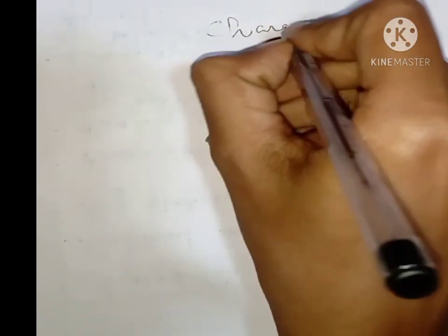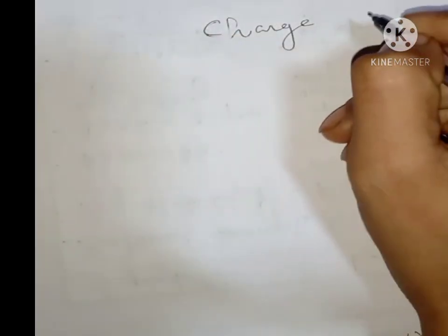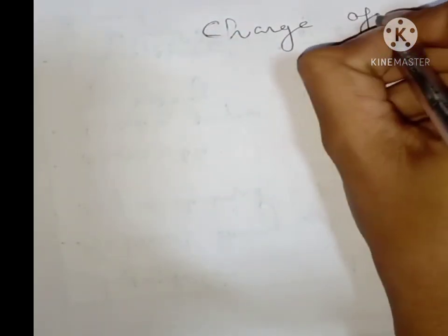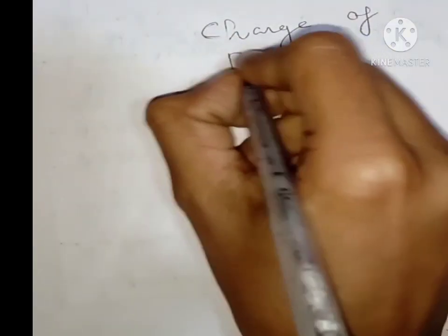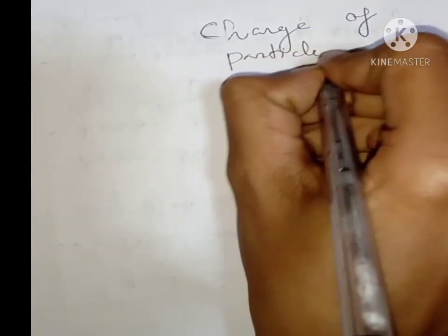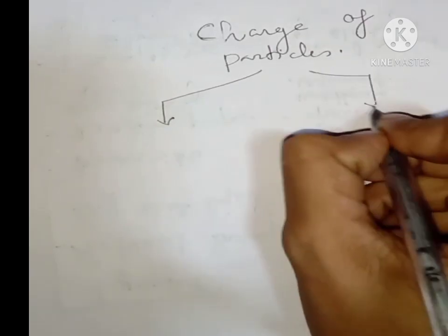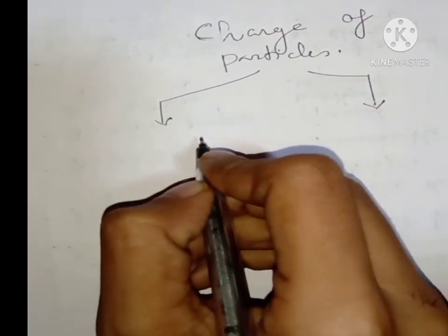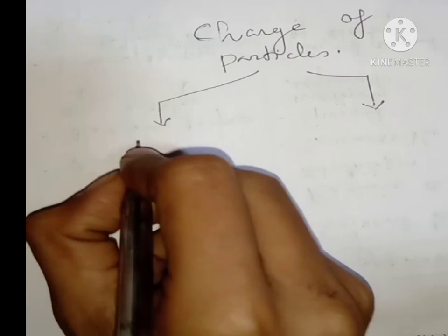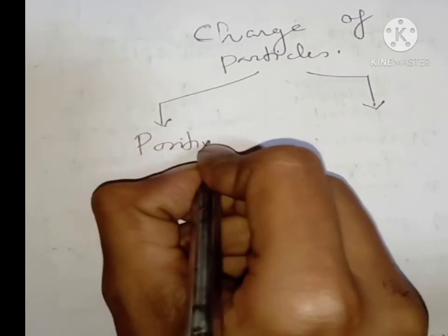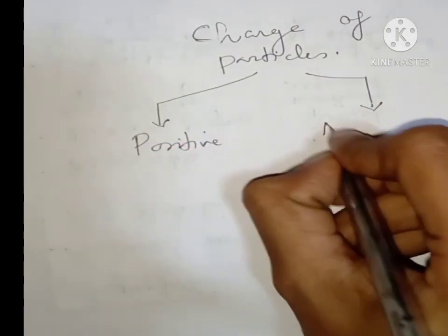Then, based on the charge of particles in a colloid, you can say that positive and negative colloids will be there.